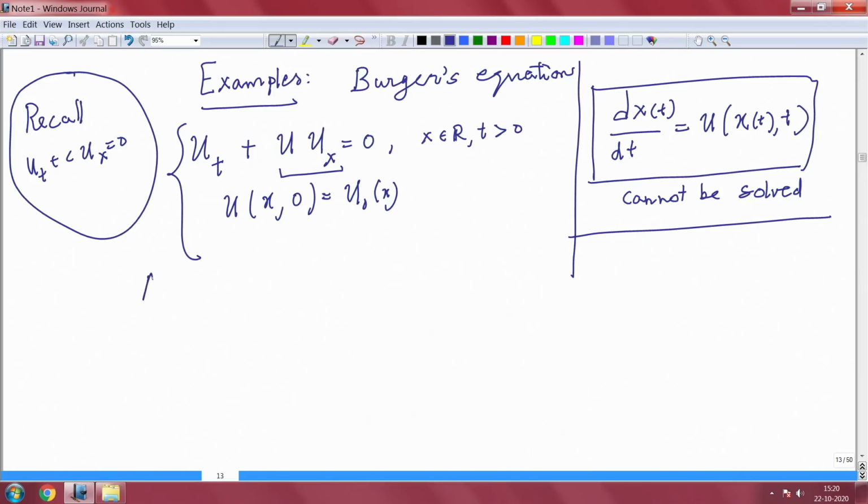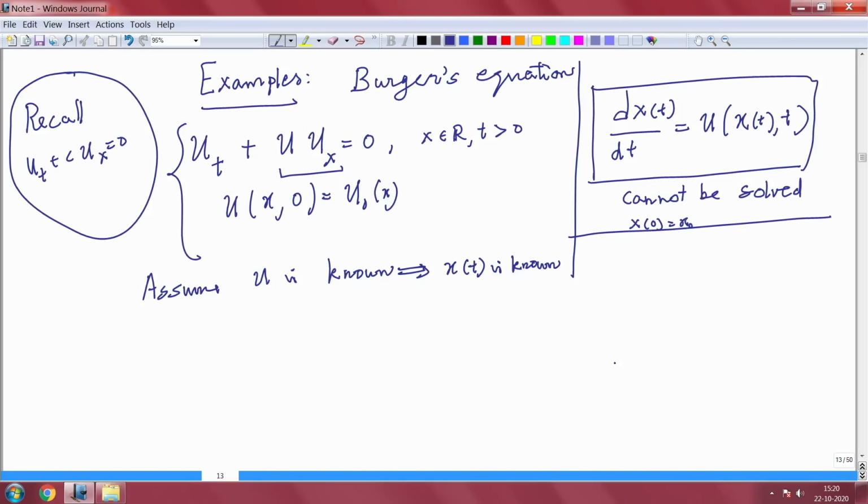So, assume u is known. Once u is known, this implies x(t) is known. You are pretending that u is known, so you can solve with an initial condition x(0) equal to x_0.